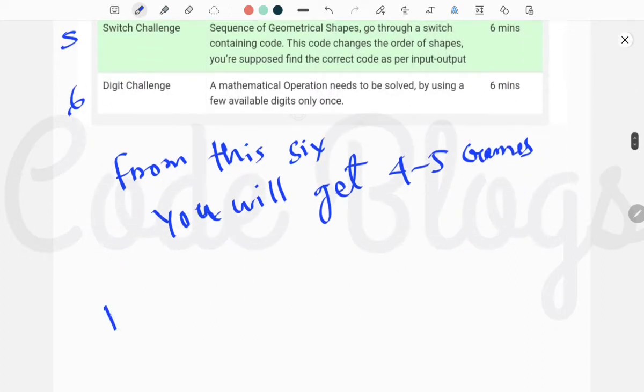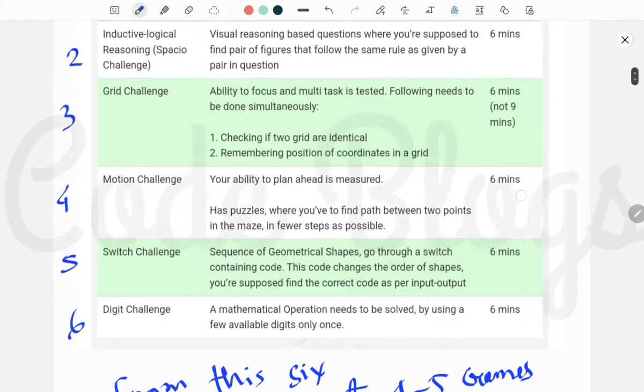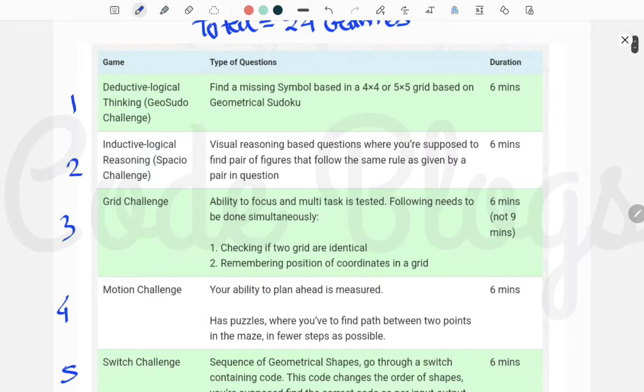The remaining 18 will give you only 1 to 2 games, and from these 6 you will get 4 to 5 questions.